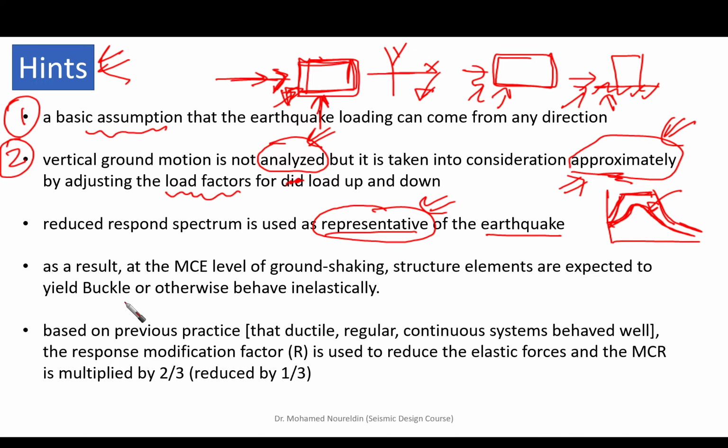Another thing, as a result of this: at the maximum considered earthquake level of ground shaking, the maximum considered earthquake risk targeted, structural elements are expected to yield or buckle or otherwise behave inelastically. Why?